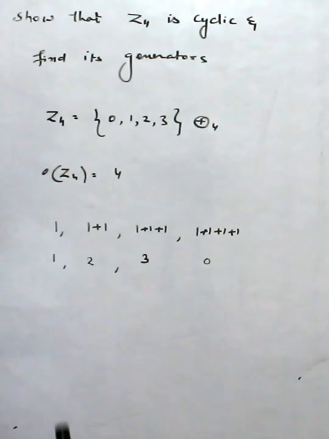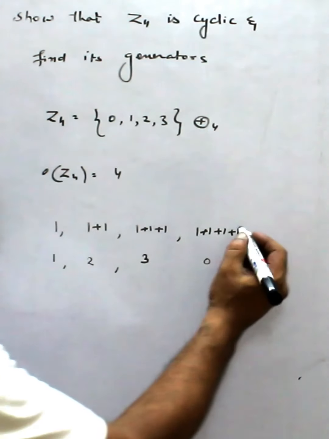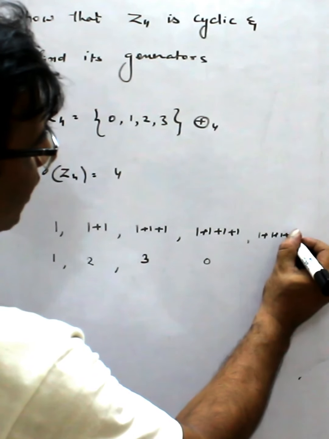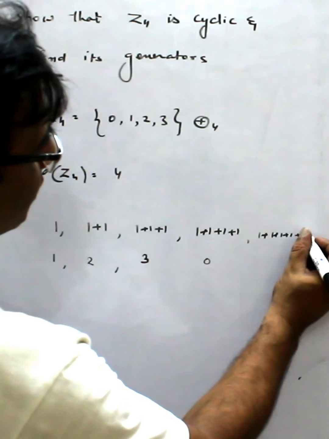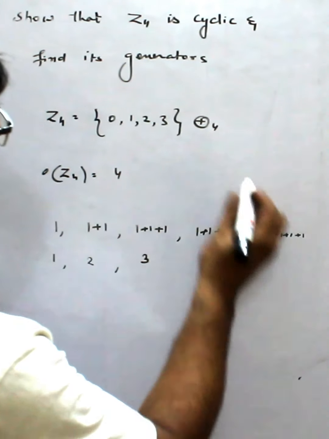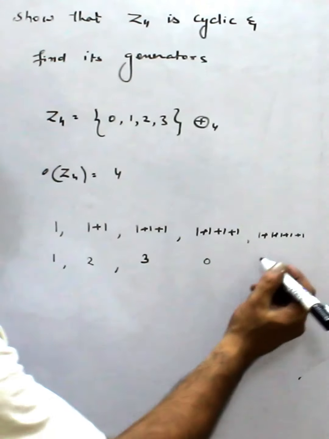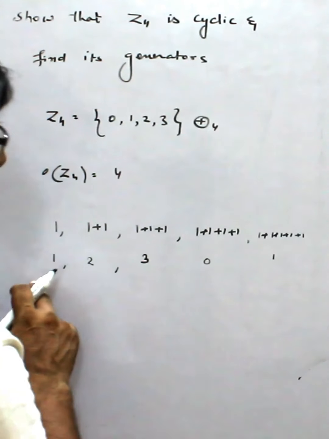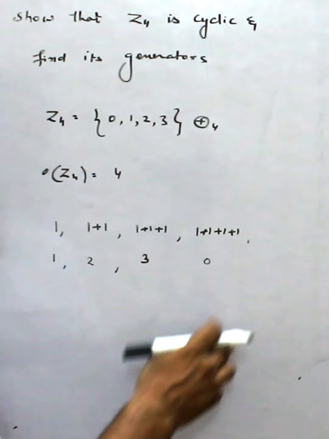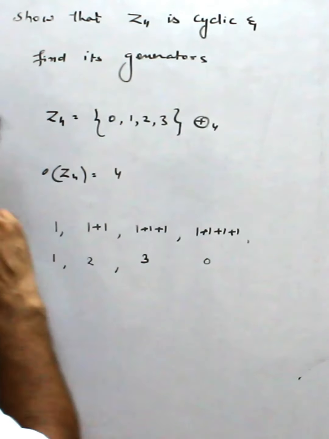So from 1 we can make all elements, and if we go ahead, 1 plus 1 plus 1 plus 1 plus 1 is 5, and 5 divided by 4 gives 1. So it starts repeating, and this is not needed. The same will happen with 6.